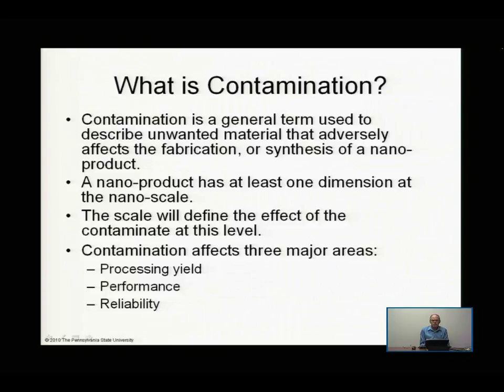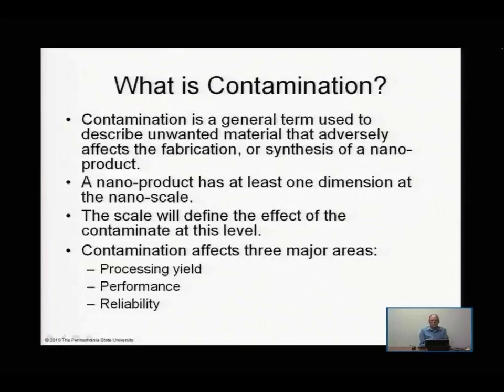So let's talk about what is contamination. We said we obviously need infrastructure so we have a place to make things, but we also need it to control contamination. Well, it's a general term used to describe unwanted material of some kind that adversely affects the fabrication or synthesis of a nano product.